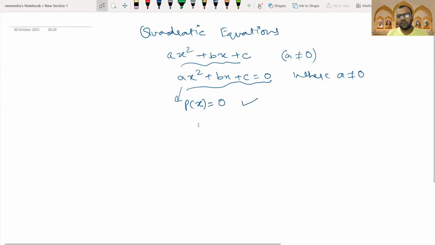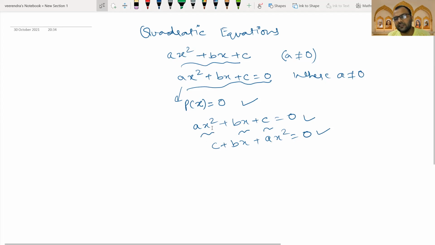Now suppose we see here ax square plus bx plus c equals to 0. We have three terms here, ax square, bx and c. The same equation can be written as c plus bx plus ax square is equal to 0. Both these equations are the same.